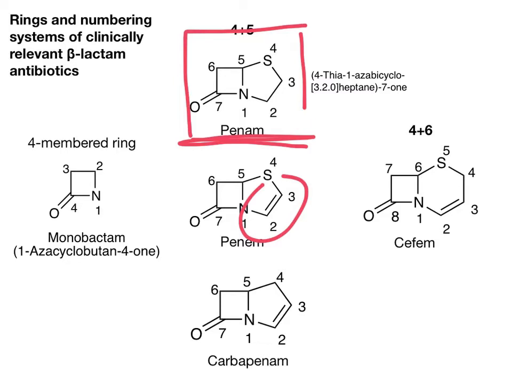When you replace the sulfur with a carbon, that's a carbapenam. And if you have just a 4-member ring without the other ring at all, this is called a monobactam.